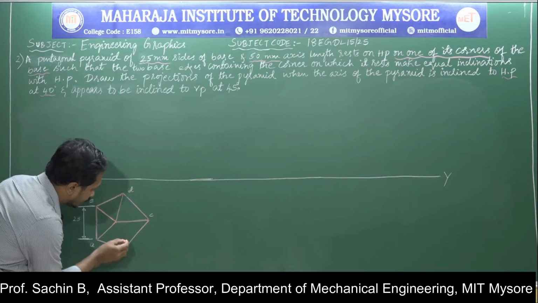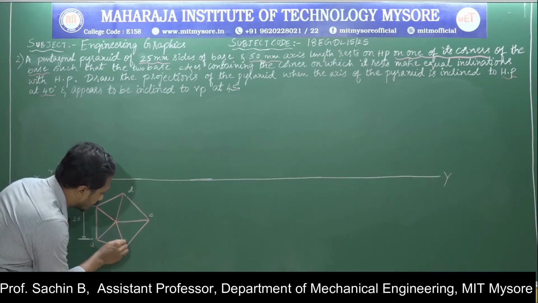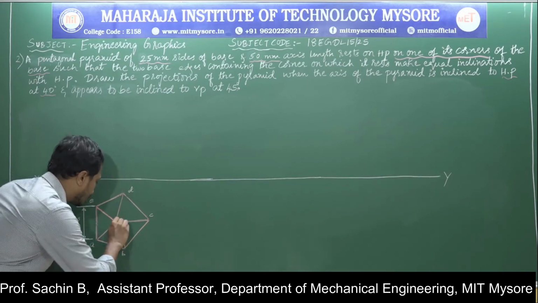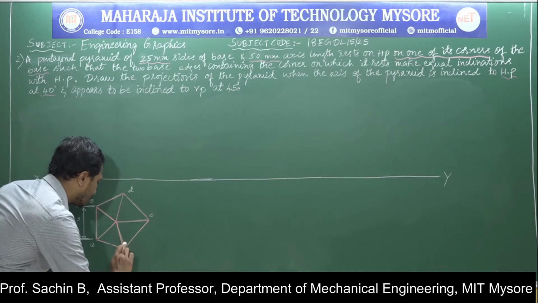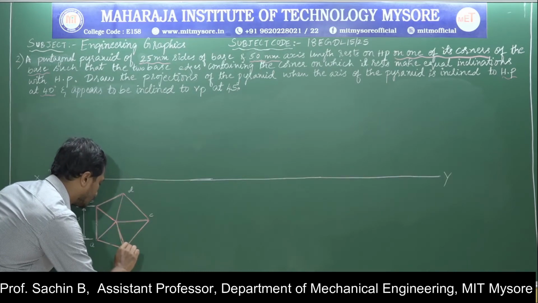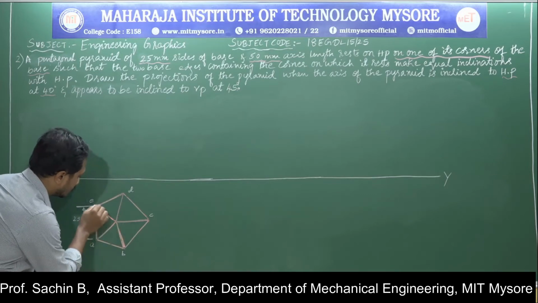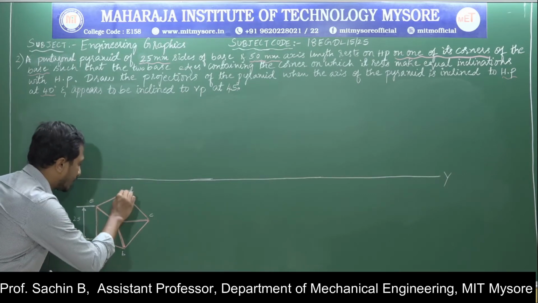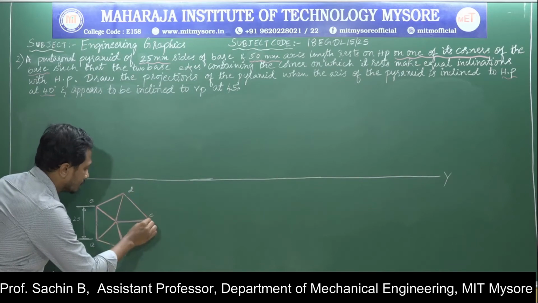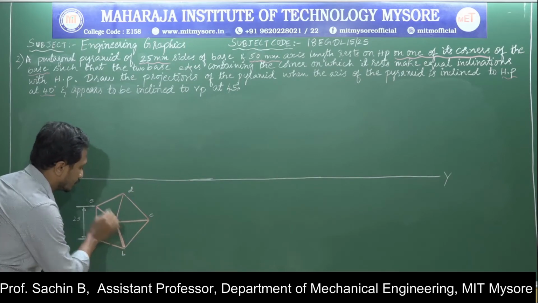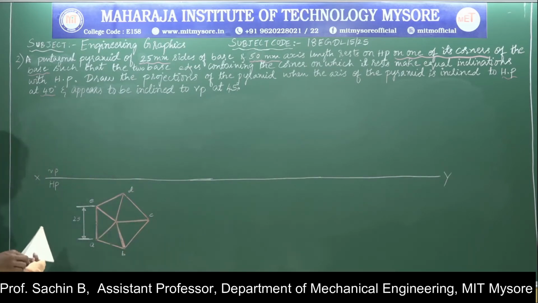Means if I view the object from the top, this is the visibility of the slant edges that are connected to the apex point.